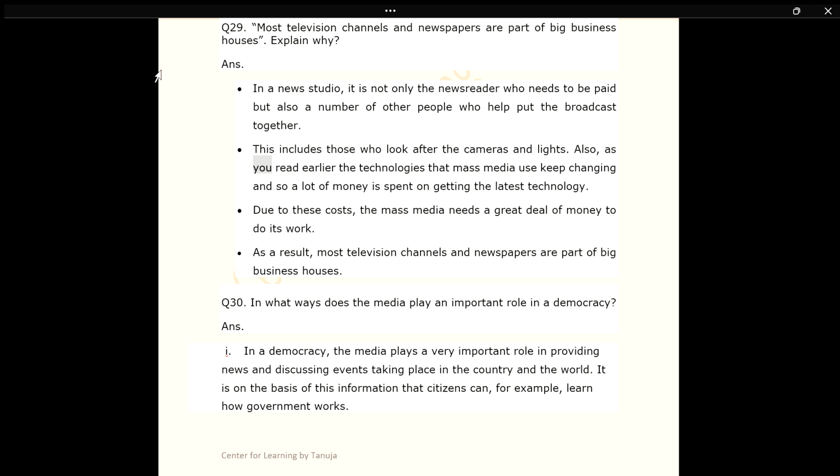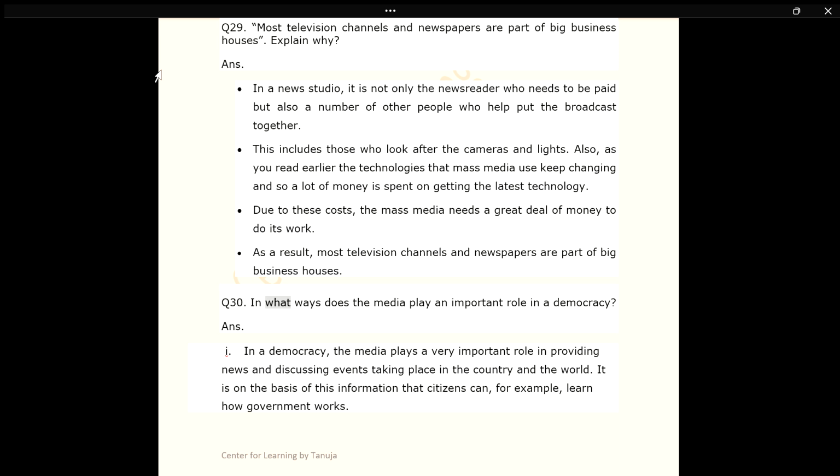Also, as you read earlier, the technologies that mass media use keep changing, and so a lot of money is spent on getting the latest technology. Due to these costs, the mass media needs a great deal of money to do its work. As a result, most television channels and newspapers are part of big business houses.